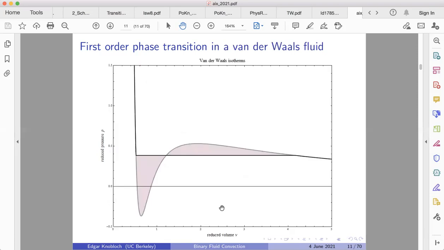This is what it looks like, for example, for a van der Waals gas. So I'm showing here, for a particular temperature, the pressure on the vertical axis and the volume on the horizontal axis.